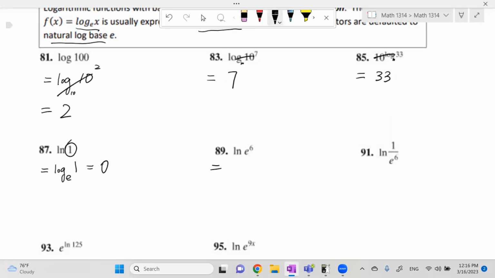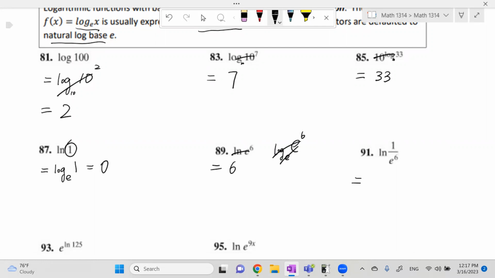ln e to the 6. Cross out the ln and e. So we have 6. Because I know that ln e is log base e. E to the 6, log base e, they cancel. We have 6 left. And next one, what is ln of 1 over e to the 6?